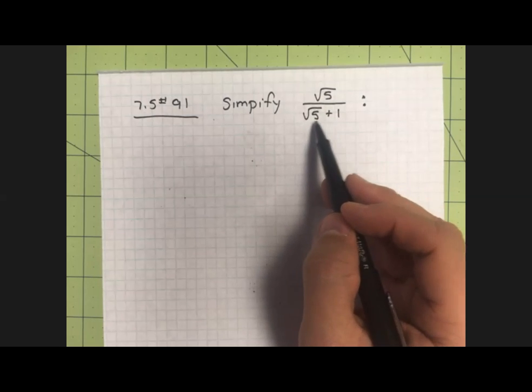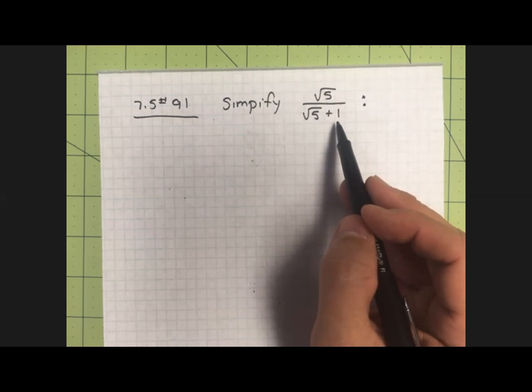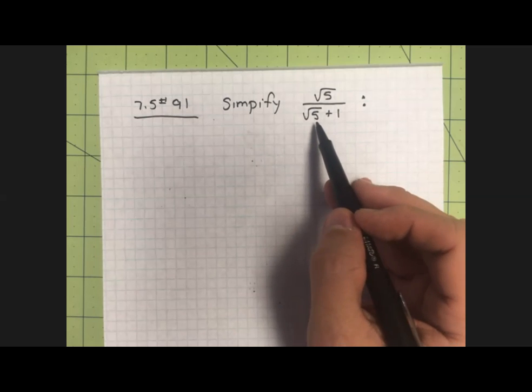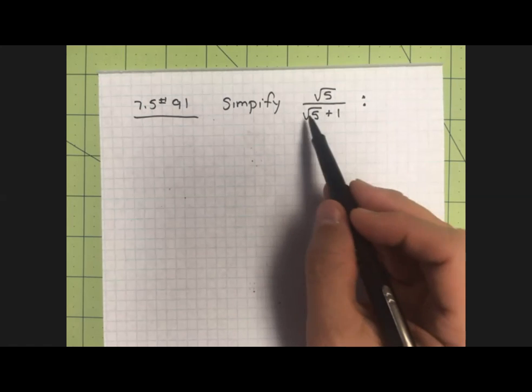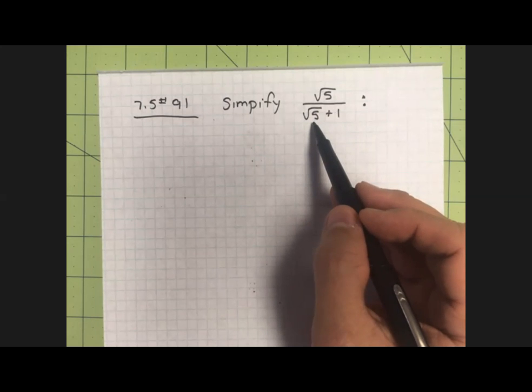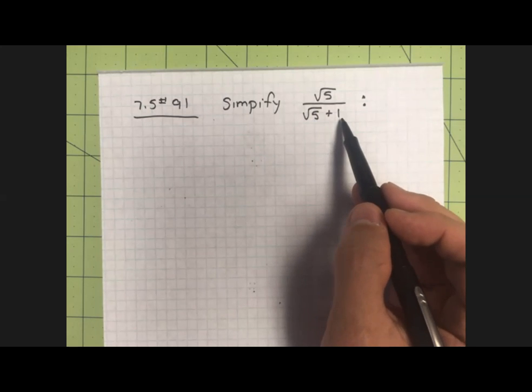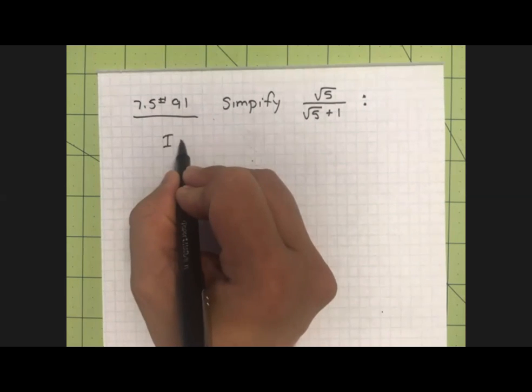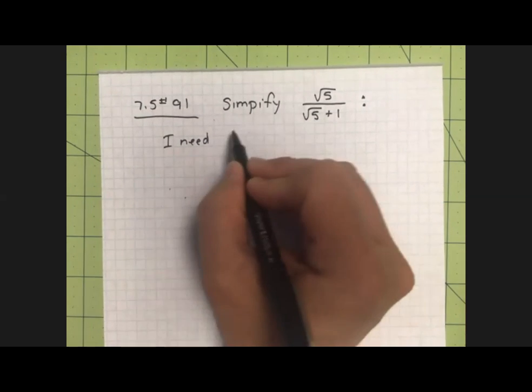There are no common terms that I haven't combined. It doesn't have very many terms. The only thing that offends me right here is that radical 5 in the denominator. That's offensive. No radicals in denominators. But I can't just multiply by root 5, top and bottom, because that'll take this and turn it into a 5, but it'll create another radical over here. Now, I need to use that famous formula.